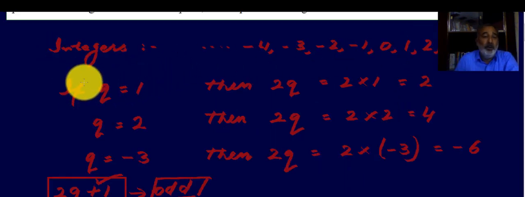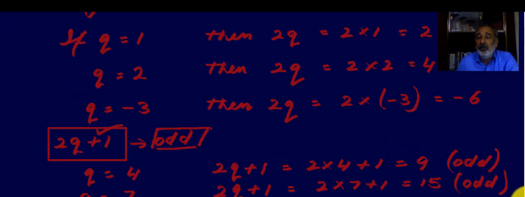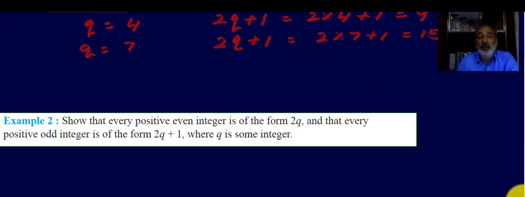In order to prove that these two forms are even and odd, we need Euclid's division lemma. In the previous lesson, I have taught you about division lemma. Do you remember what it was? If yes, then I can remind once again.